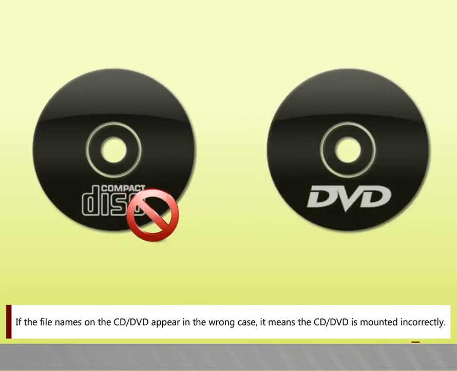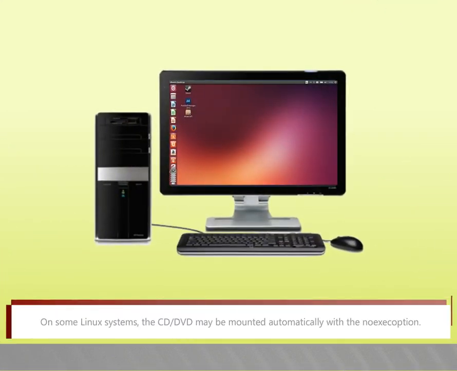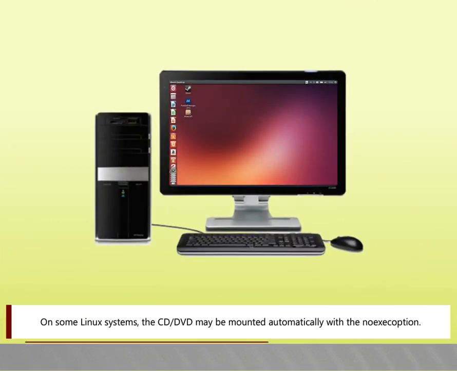If the file names on the CD or DVD appear in the wrong case, it means the CD or DVD is mounted incorrectly. On some Linux systems, the CD or DVD may be mounted automatically with the noexec option.